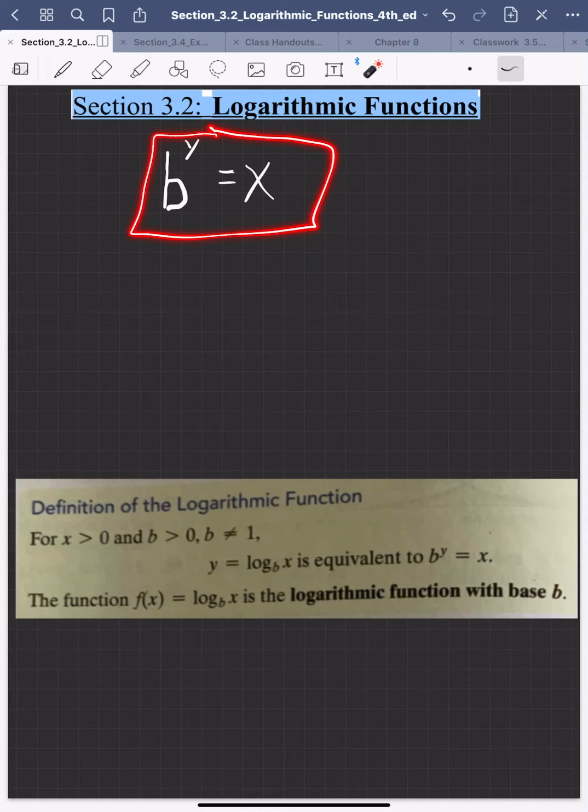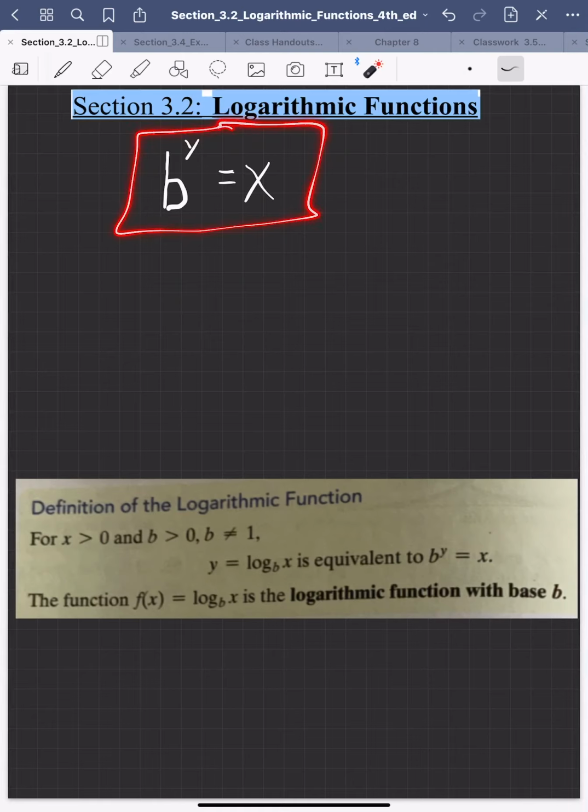Because just like if we have an exponential function, we would like to have a way of undoing what operation we've done. Well, the inverse of exponential functions is logarithmic functions.